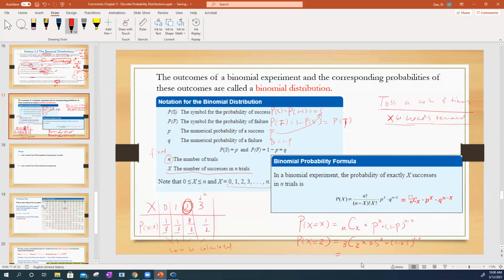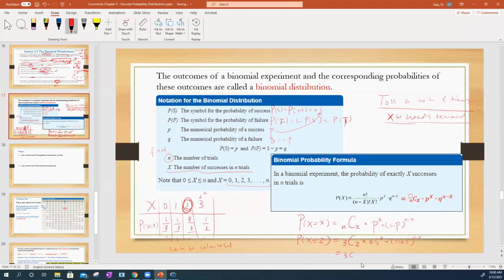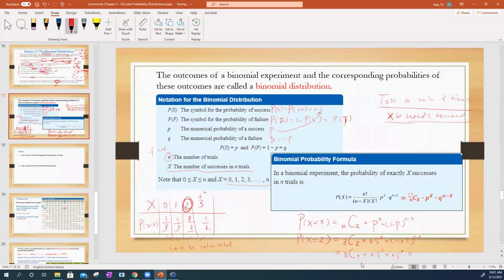That is 3 choose 2, same as 3 choose 1, times 0.5 to the power of 2 times 0.5 to the power of 1. So that's basically 3 choose 1, we got a 3, right? Times 0.5 to the third power. So that's 3 times 0.125.